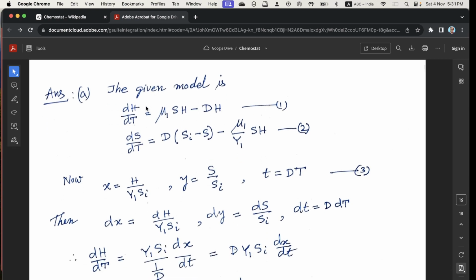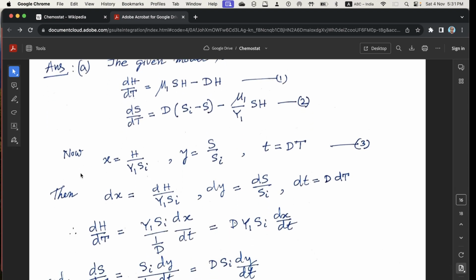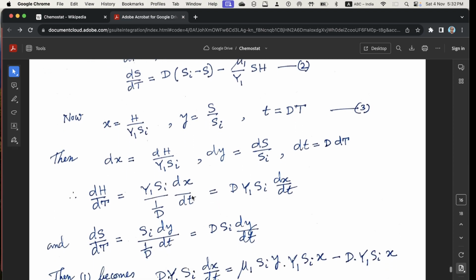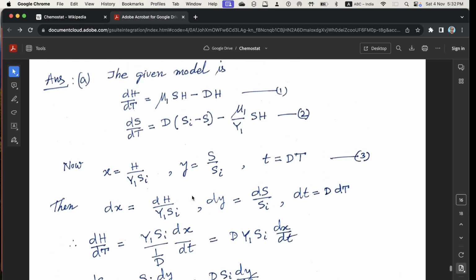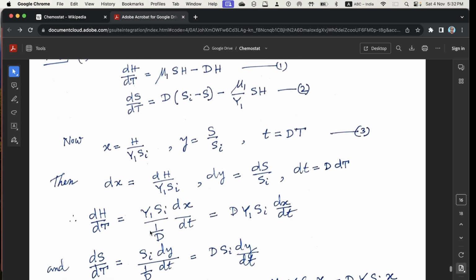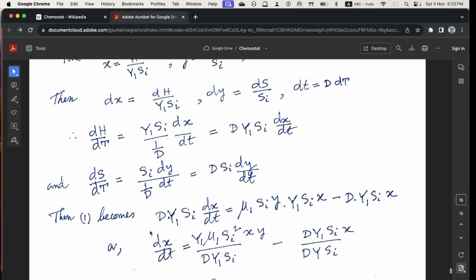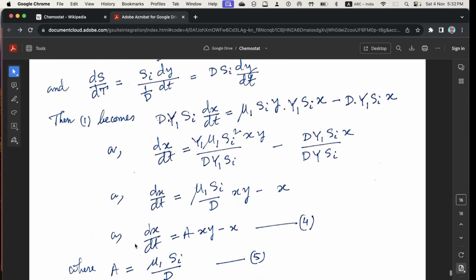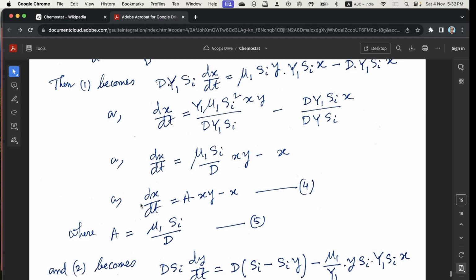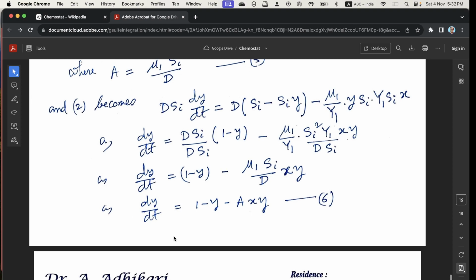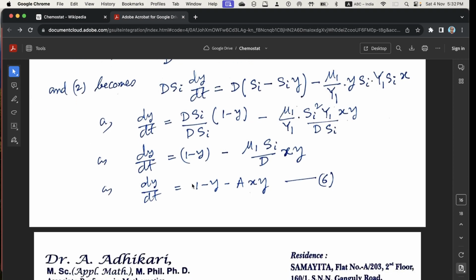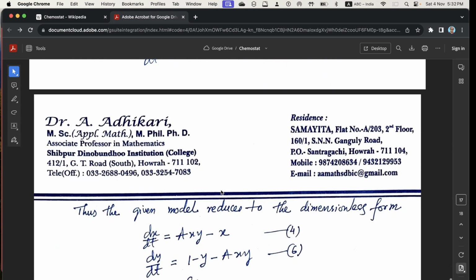Now we have the model equations 1 and 2 and non-dimensional quantities x, y and t, and after simplification we get the dimensionless form of this model: dx dt equal to axy minus x, where a equal to mu1 Si by D, and equation 2, dy dt equal to 1 minus y minus axy.